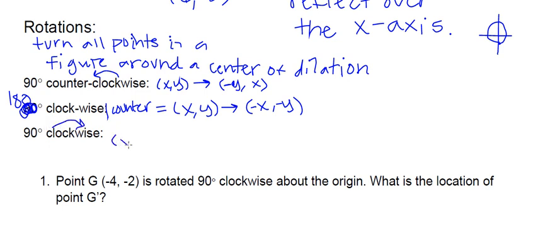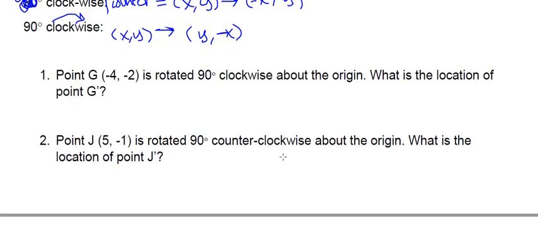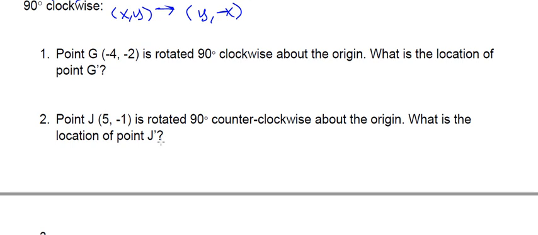So you're going to start with an ordered pair, x, y, and you're going to rotate it. Well, it's 90 degrees, and in all the 90-degree ones, they change places, so it becomes y, x, and now clockwise is to the right, so I go to the coordinate on the right, and that is the one that changes. So let's go ahead and see what these look like when you're using your rules here.